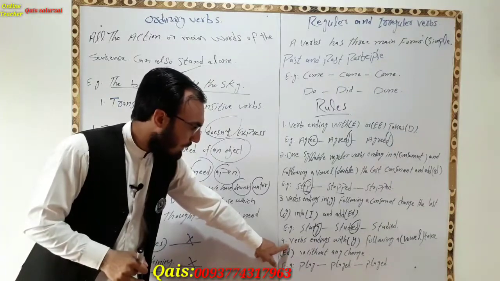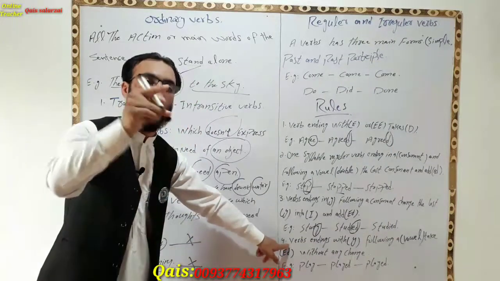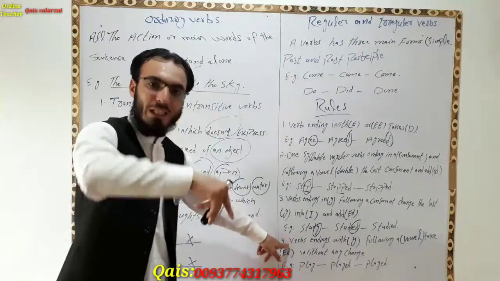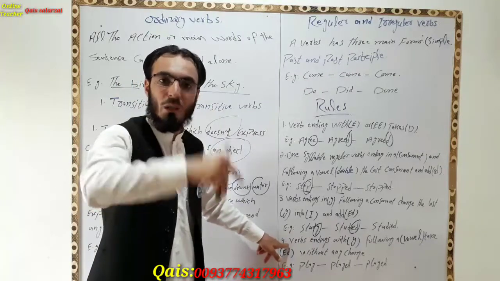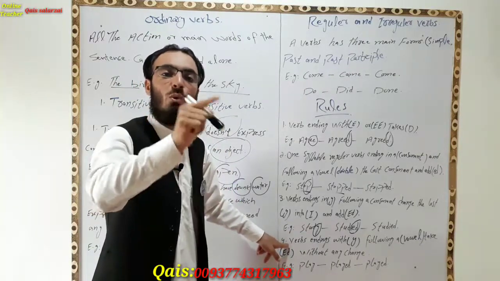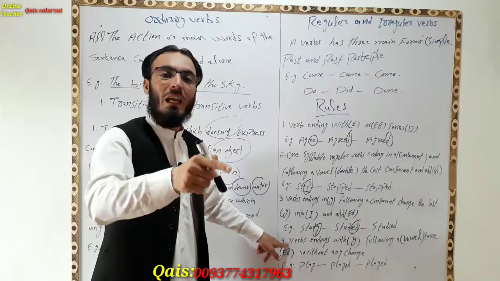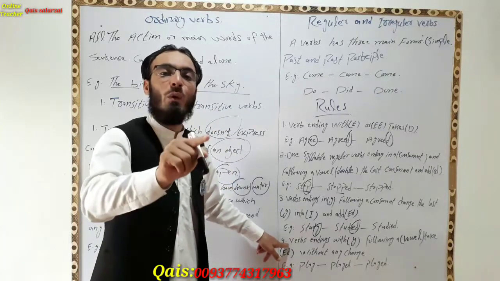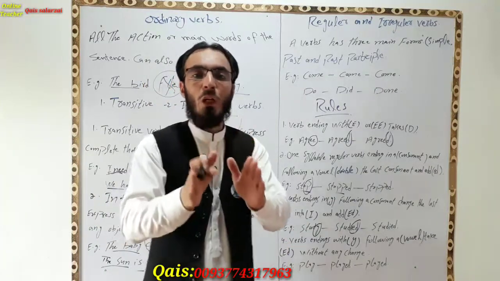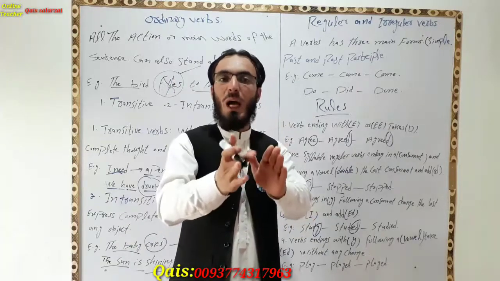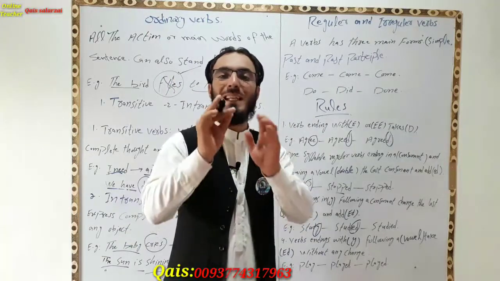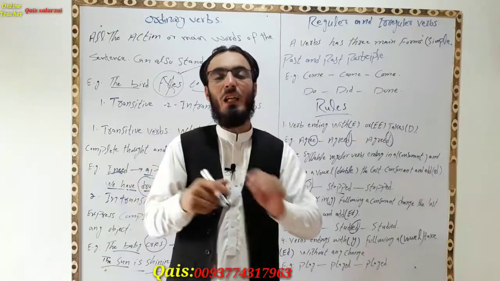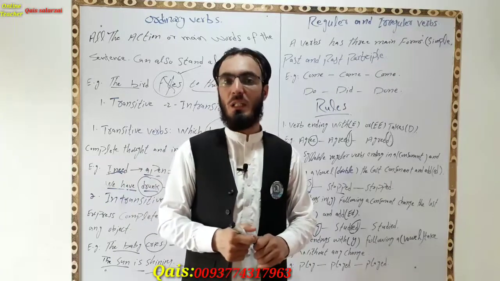The fourth rule that we have is if a verb ends with Y but before Y there is a vowel, not a consonant, there is no need to change Y to I and then put ed. No, it's incorrect. You just need to place ed at the end to change it to past and past participle.